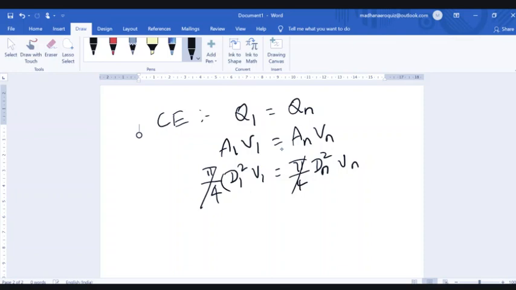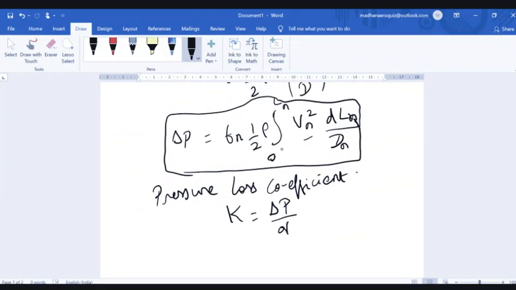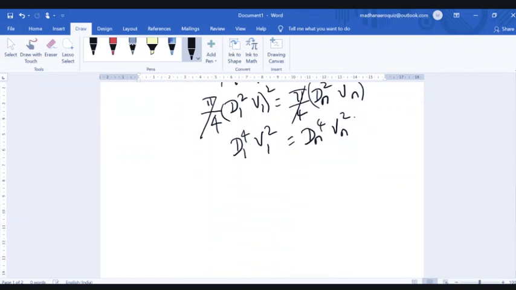Next, we are going to square this term, squaring on both sides. So finally we get d1 power 4 v1 square equal to dn power 4 vn square. Now what we want is Vn. This is the actual case. We have only the reference values D1 and V1.